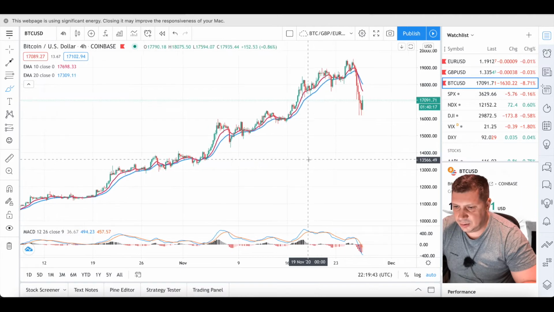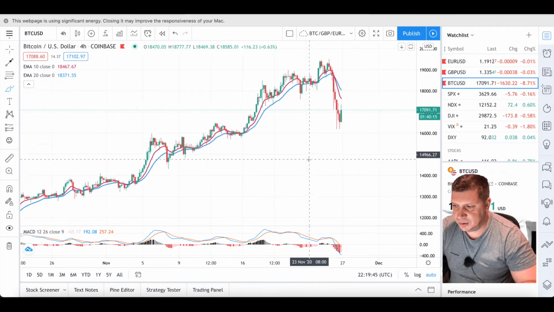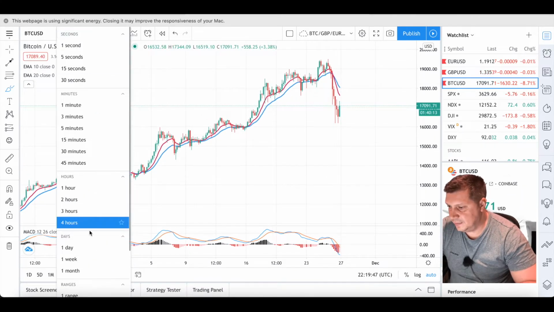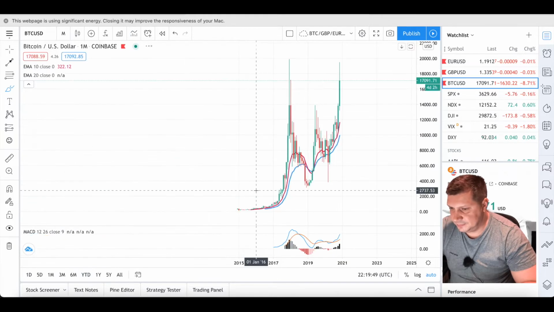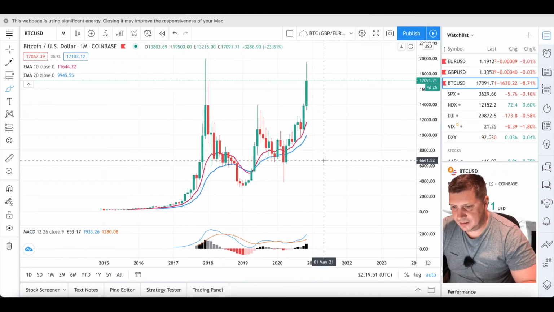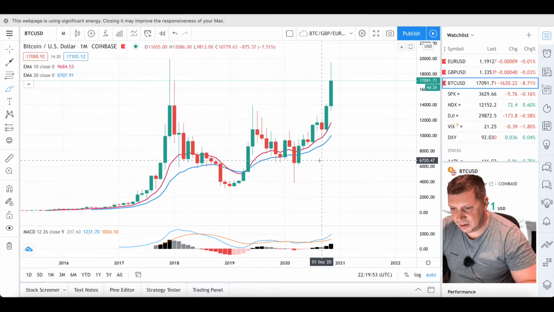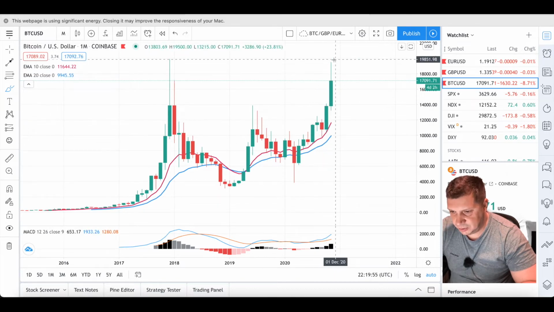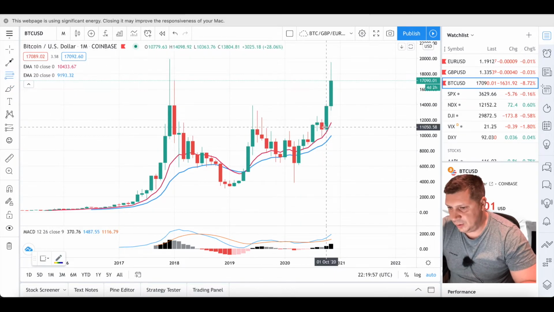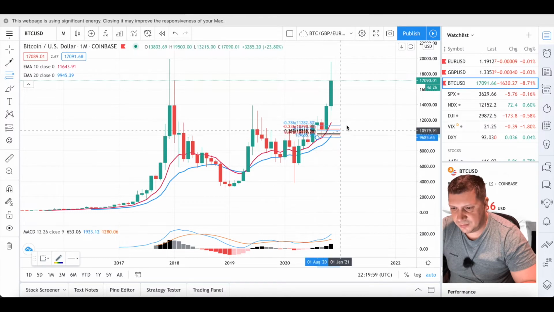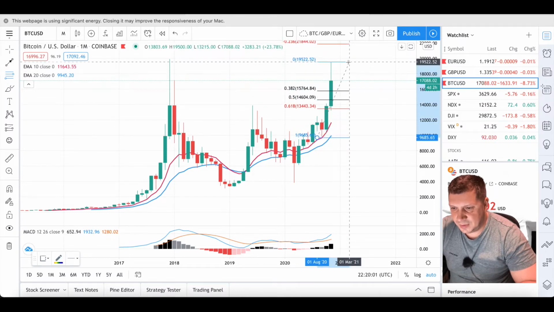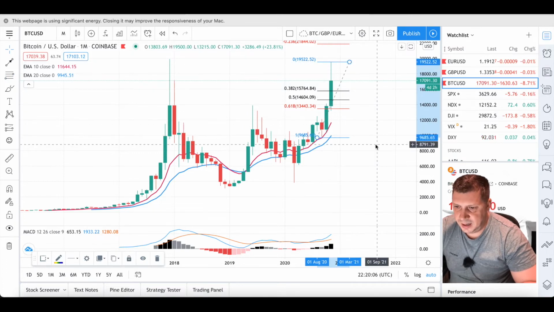On Bitcoin we have a very interesting situation, and let me start from monthly first. So on a monthly, what we can see is that Bitcoin made its really huge shift up, and we can start measuring Fibonacci from the bottom of this raise to its top. And now we need to find out where it can come back.